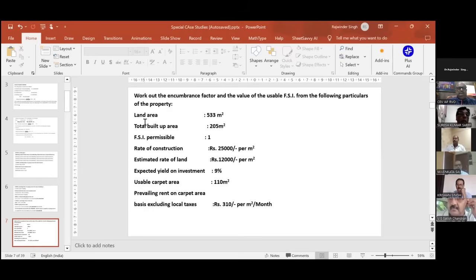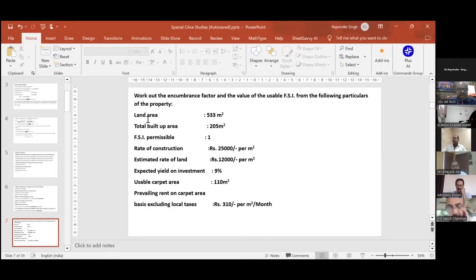Rate of construction is 25,000 per square meter. Estimated rate of land is 12,000 per square meter. Expected yield on investment is 9%. Usable carpet area is 110 square meter. Prevailing rent on carpet area basis excluding local taxes is rupees 310 per square meter per month. This is the data given to you.